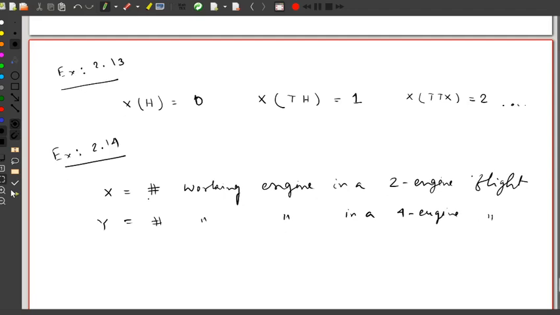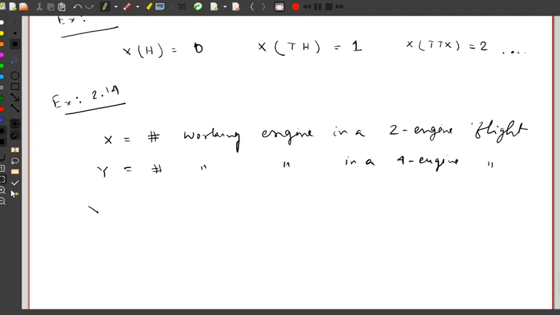Clearly in this case x has a binomial distribution. The parameters are 2 and p, whereas y has a binomial distribution with parameters 4 and p.